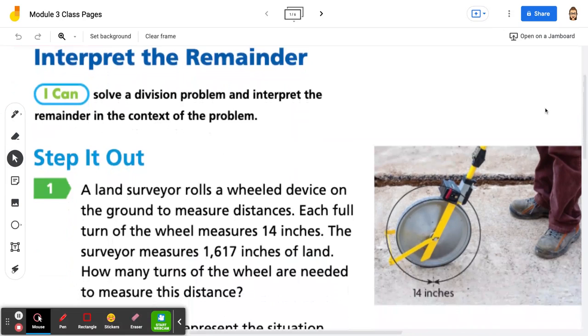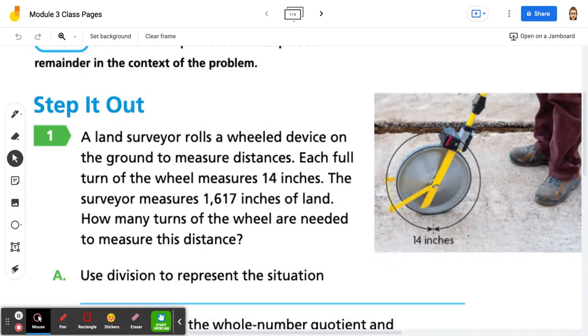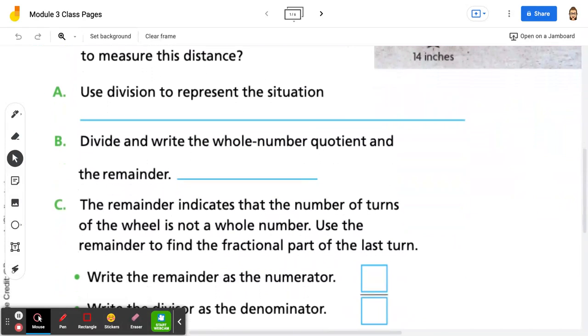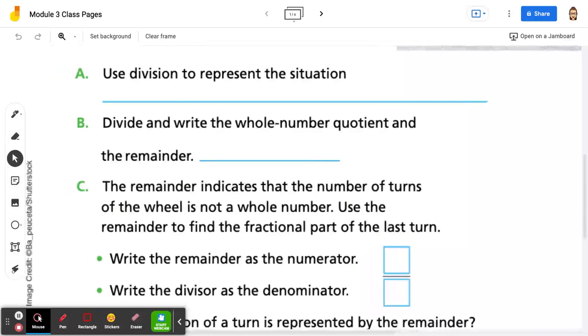It says, a land surveyor rolls a wheeled device on the ground to measure distances. Each full turn of the wheel measures 14 inches. The surveyor measures 1,617 inches of land. How many turns of the wheel are needed to measure this distance? Then it says to use division to represent the situation.